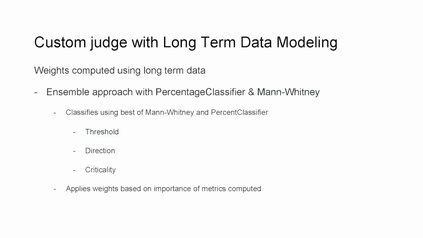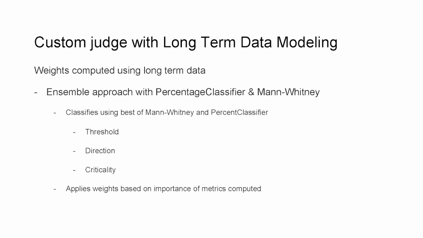So here, what we will do is create a percentage classifier, essentially copy-paste the existing classifier with its interface, add code to compare based on the distribution metrics, and then return pass or fail. What we'll also do is, in the statistical world, people use something called an ensemble approach.